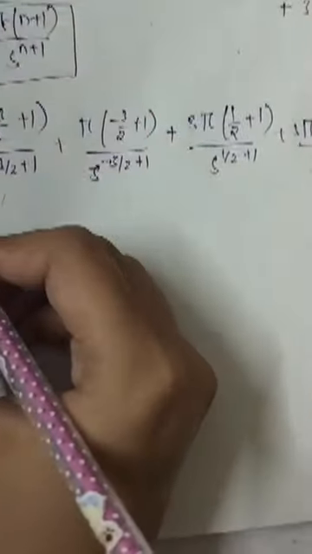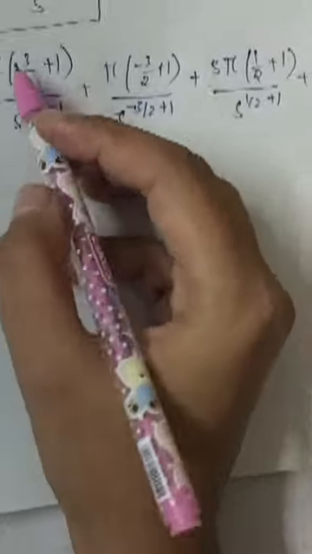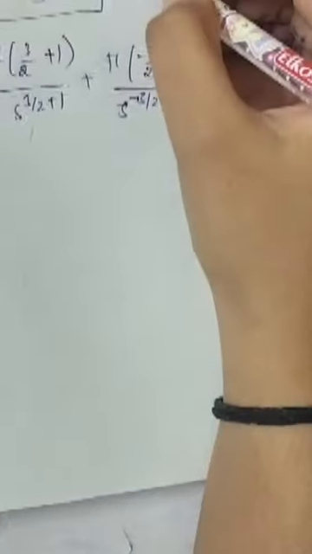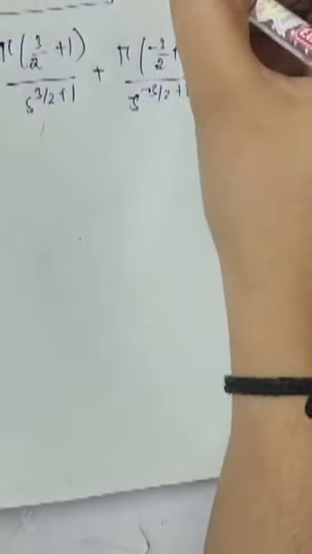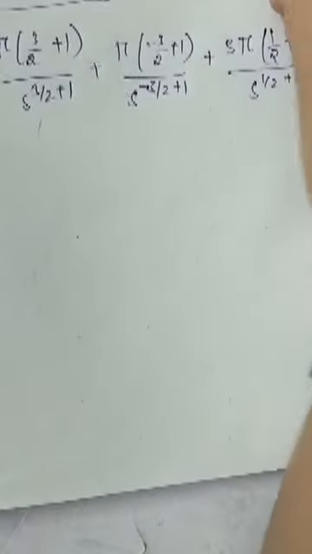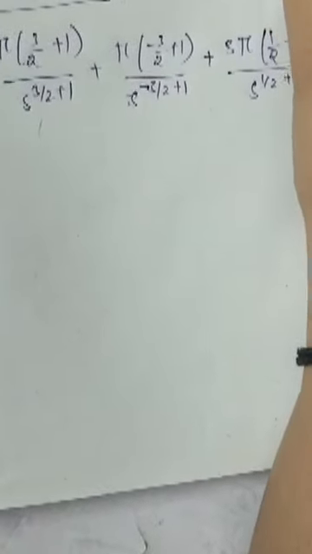Okay. Now here from the properties, gamma of n plus 1 is equal to n gamma n.